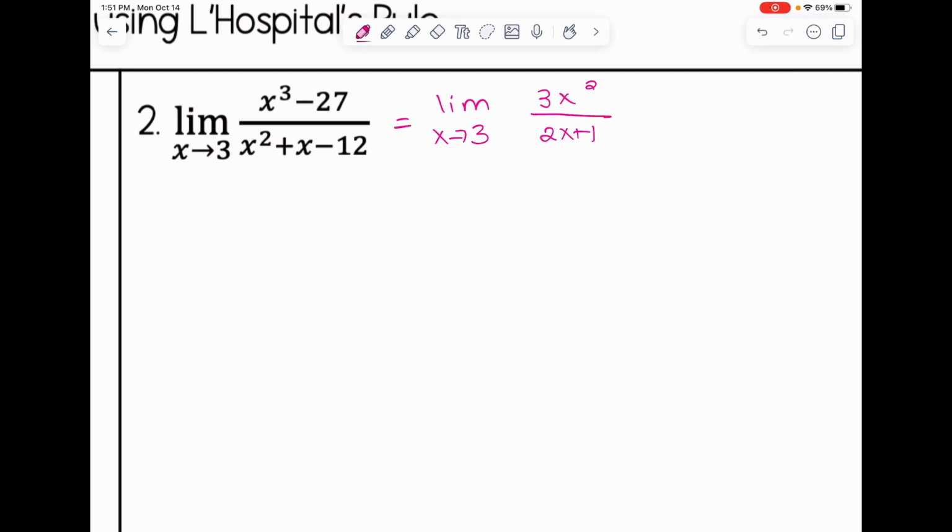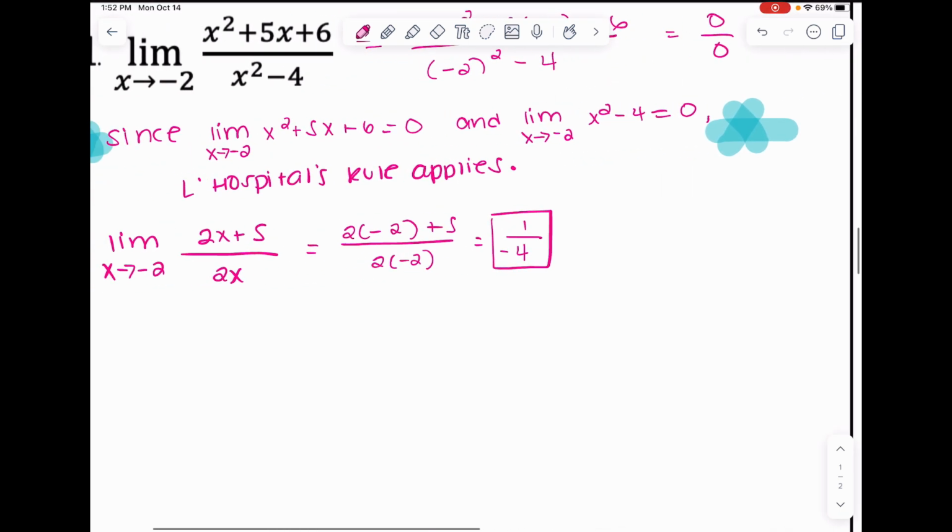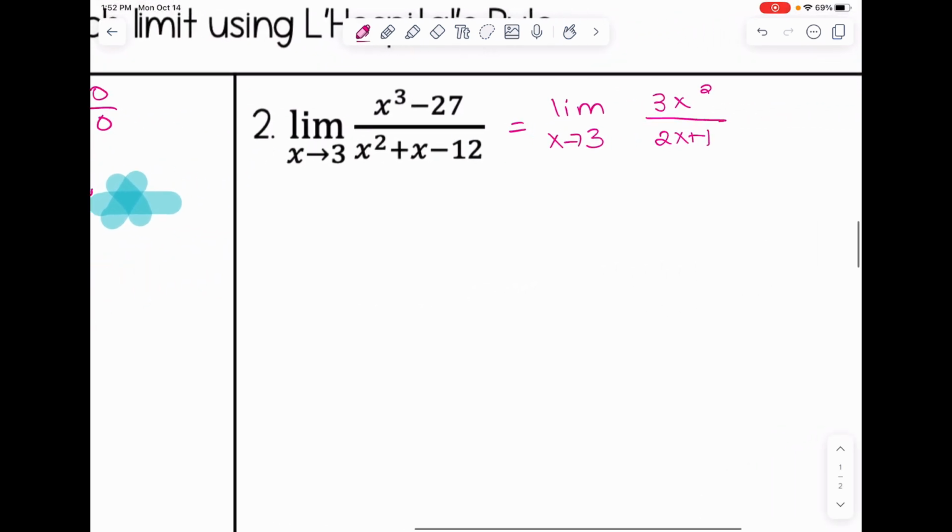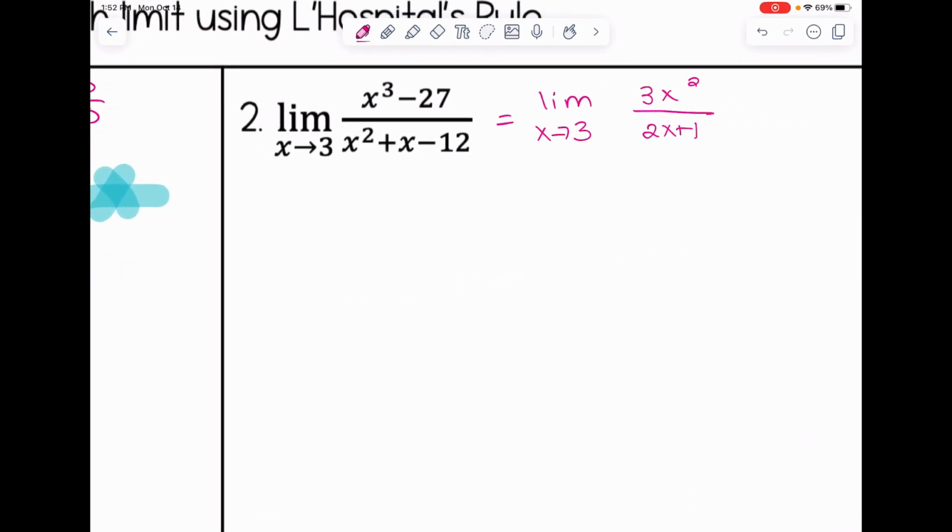So I just want to clarify once more that anytime we see that the limit of the numerator and the denominator are equal to 0, we are going to go ahead and take the derivative of the numerator and denominator. Again, if you're taking AP Calculus and you're doing a free response question, you need to make sure you write out all of that wording like we did in number 1. For the sake of this video and for making it shorter, we're going to bypass that and just evaluate.